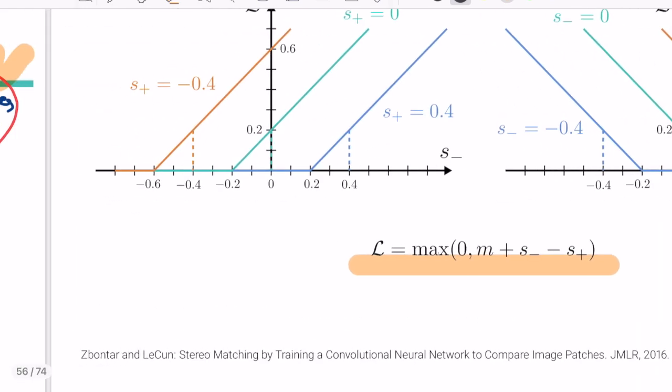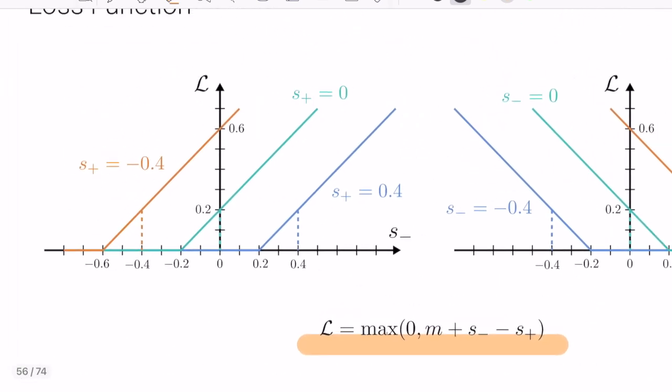For example, in this case, if S plus is equal to negative 0.4, then when we consider the x-axis as S minus, when S minus is larger than negative 0.6, the loss looks like this, because it is larger than 0 in this case, right?